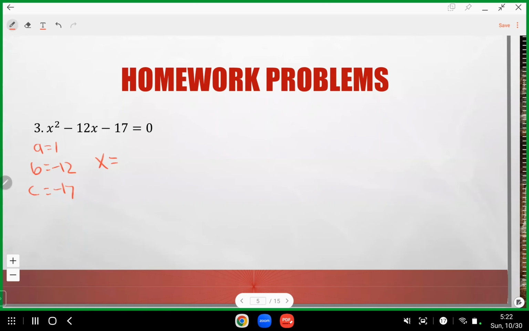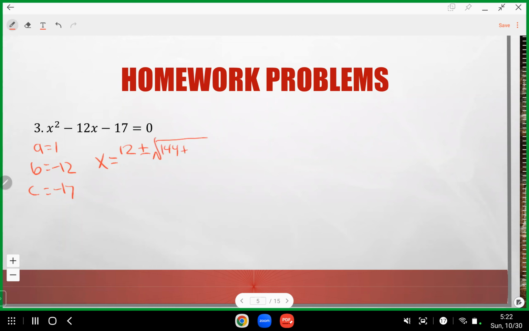So what is negative b? 12. All right, and then it's plus minus the square root of what is b squared? 144. Good. And then what is AC? A times C. Negative 17.